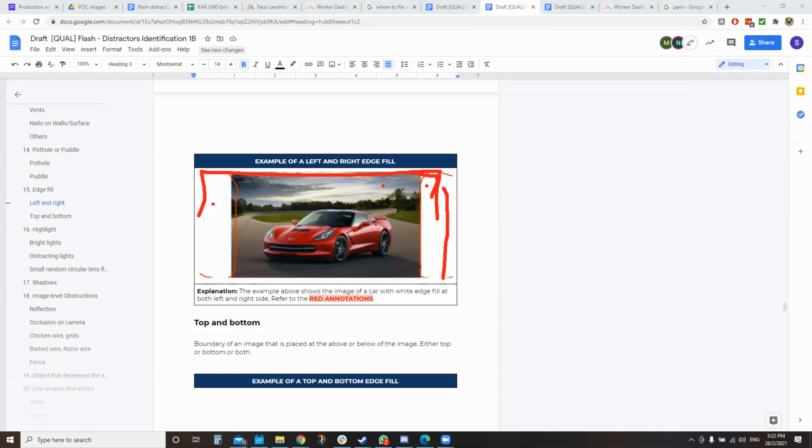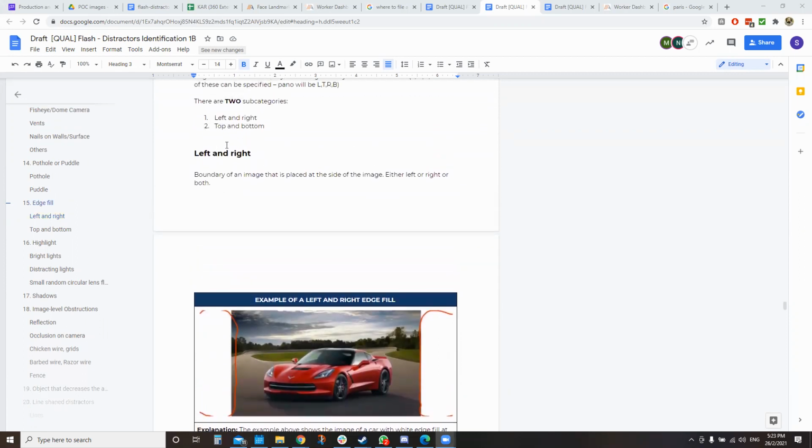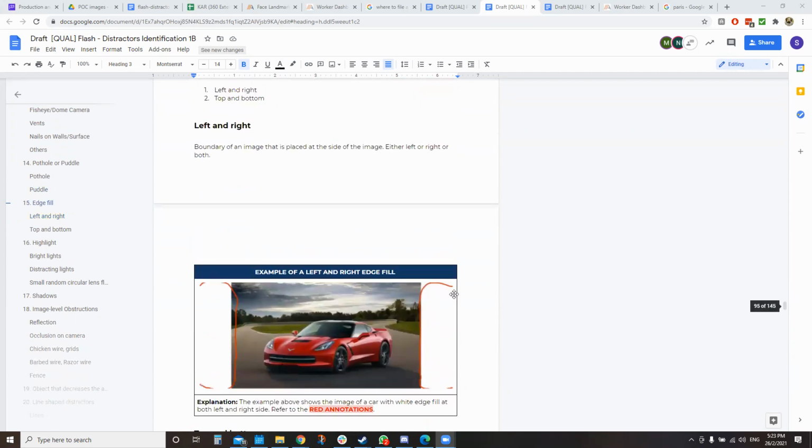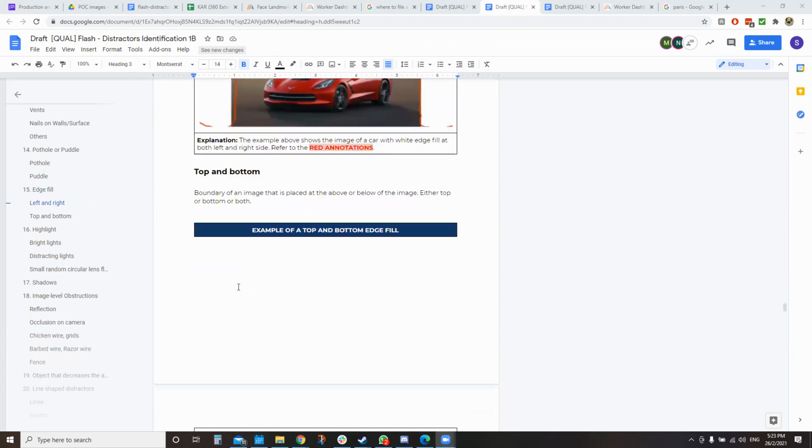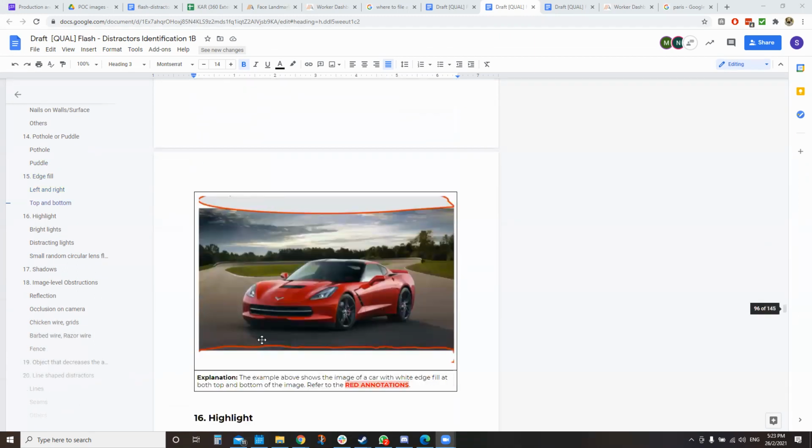And you can see this side and this side there is white space. Sometimes you will see top and bottom also. That is what we call edge fill. That's like the boundary of an image.